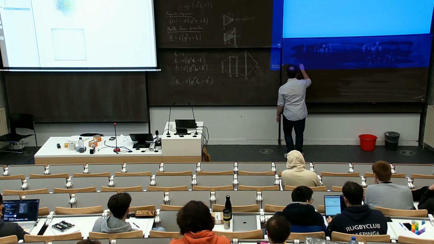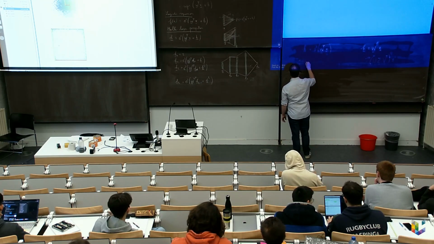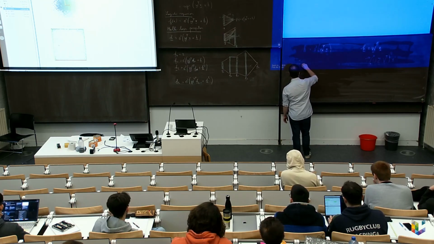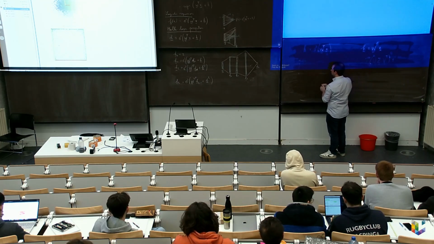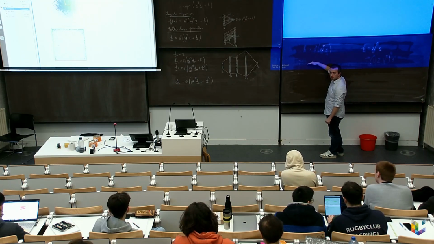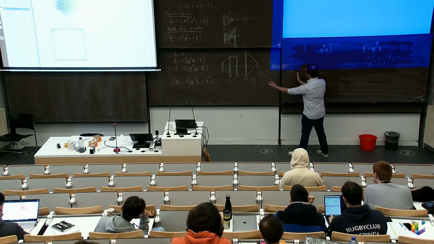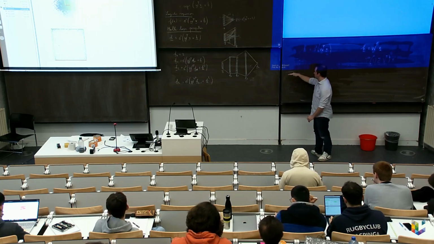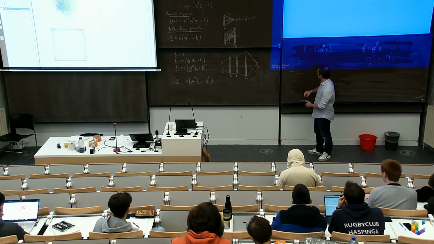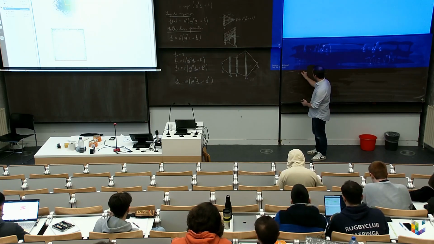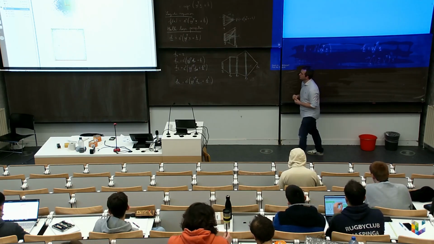So the sigmoid is something like this. For this whole range of values we will be in the positive saturating regime of the sigmoid, so we will get 1. And for this other range of values we will be in the other saturation regime of the sigmoid function, so we'll get 0. It's only when we are in this small range that we may have values in between 0 and 1.